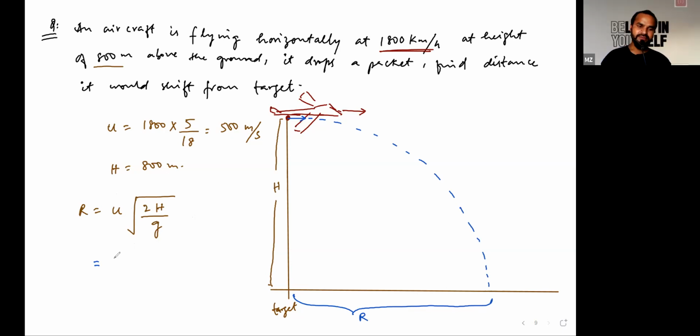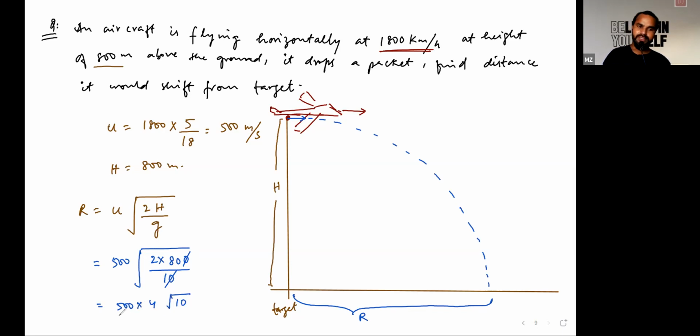u is nothing but 500, times root of h, where h is 800, divided by gravity, which is 10. The zeros cancel out, so 8 into 10 becomes 160. If we take the square root of it, it becomes 500 into 4 root 10.